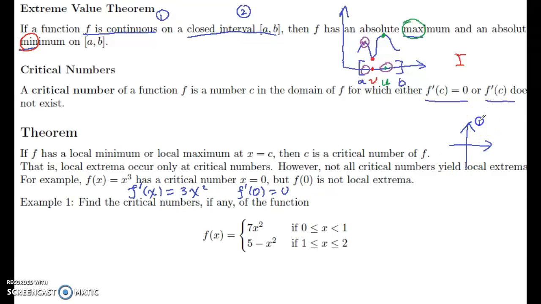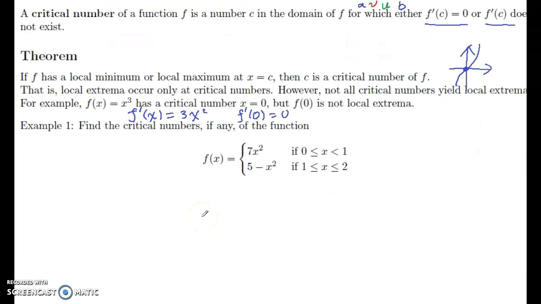If you take a look at the graph, it's just a point right here. So a critical number can help us locate extreme values, but you still need to verify it is an extreme value by looking at the graph, but at least it gives you some points to look at.